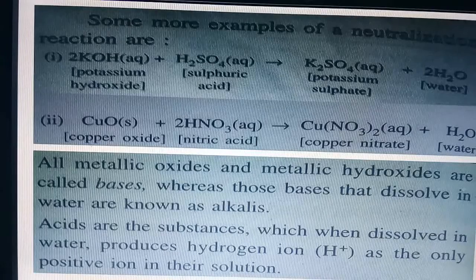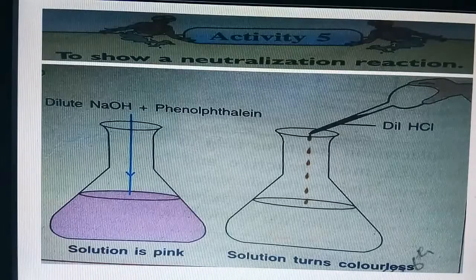Acids are those substances which, when dissolved in water, produce hydrogen ion as the only positive ion in their solution. Then activity number 5, to show a neutralization reaction.